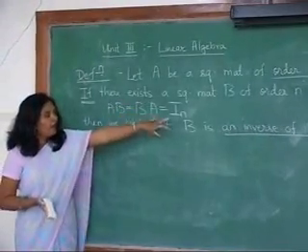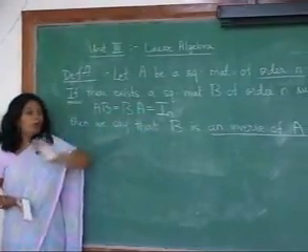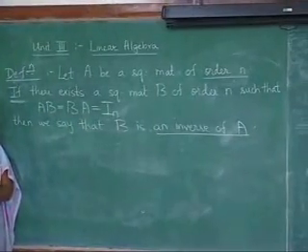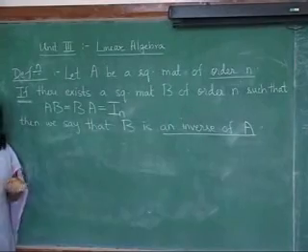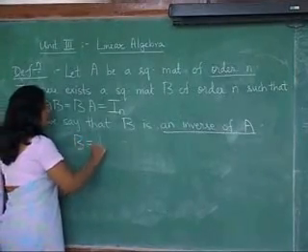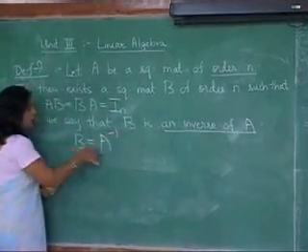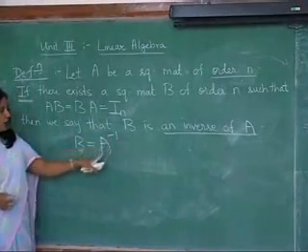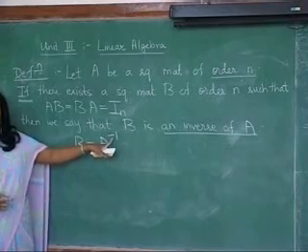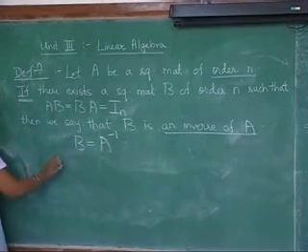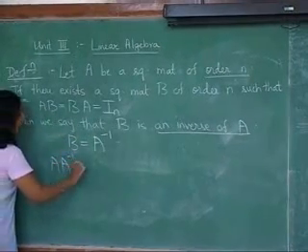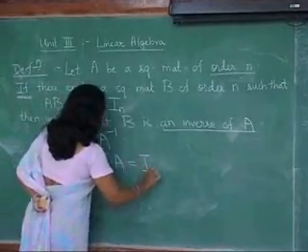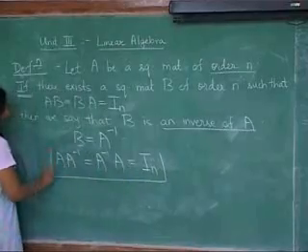So if B is an inverse of A, no other matrix can be an inverse of A, and that's why, because of the uniqueness, I can give this a name. I can call this the inverse of A, and inverse of A is denoted by A raised to minus 1. So if I go back to this, I'll get A into A inverse or A inverse into A is the identity matrix.